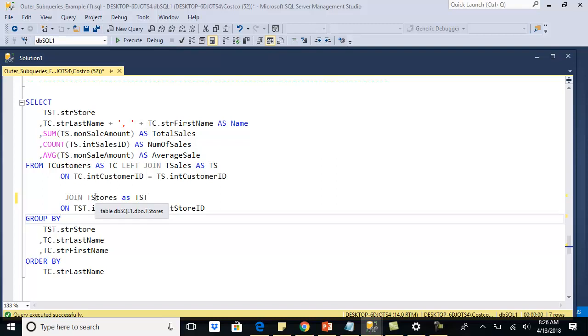With that said, we need to make sure that not only do we do a left join with customers and sales, we also do a left join with the result set, meaning all those rows that didn't match and those that match to the stores. I hope that makes sense.